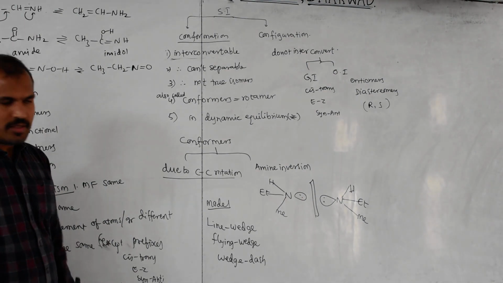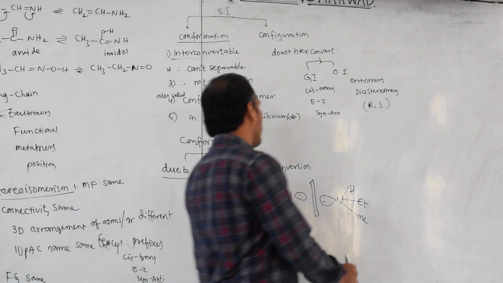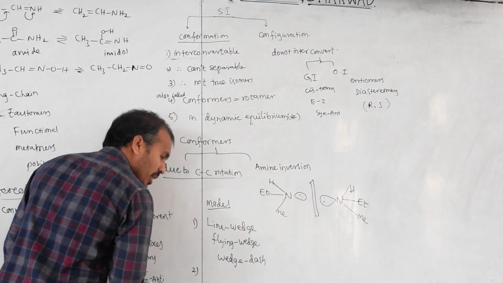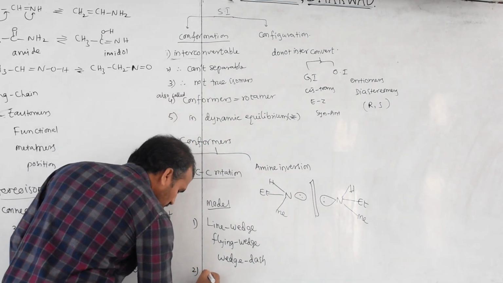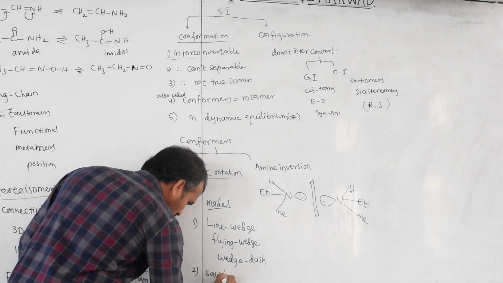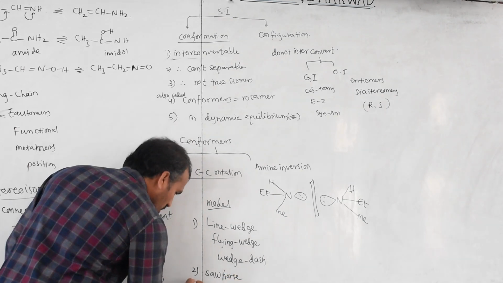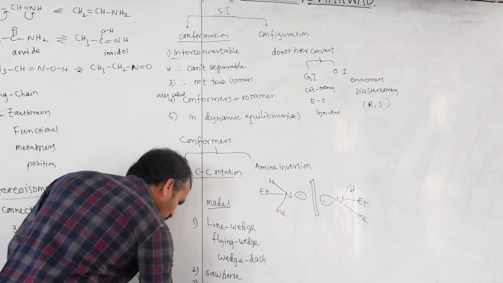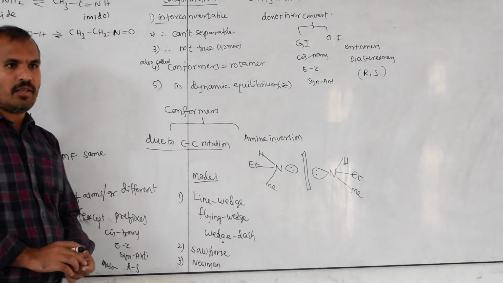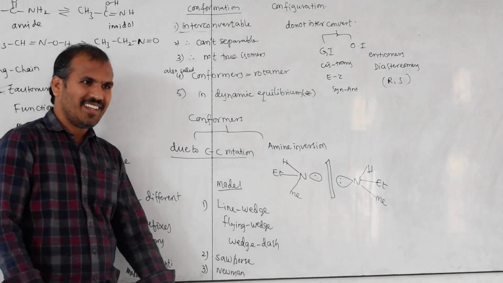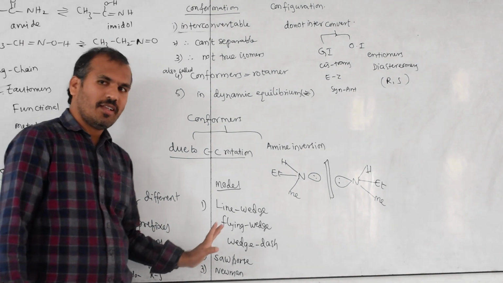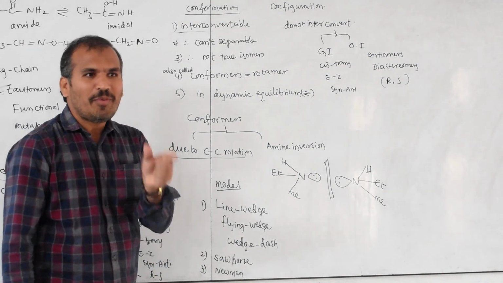I will discuss this first. The second molecular representation is Sawhorse. The third one is Newman. Which of these do you know? First one, you know it but not the name.